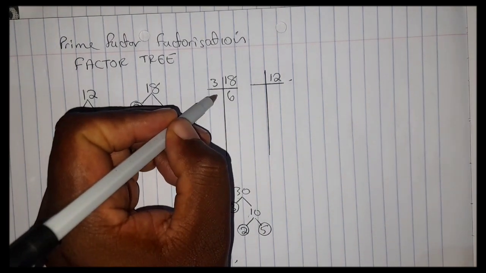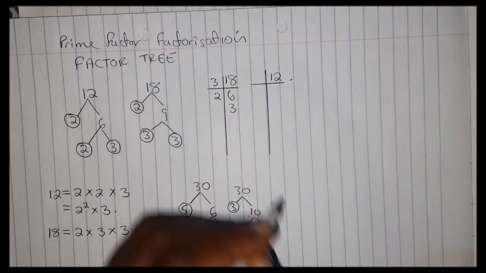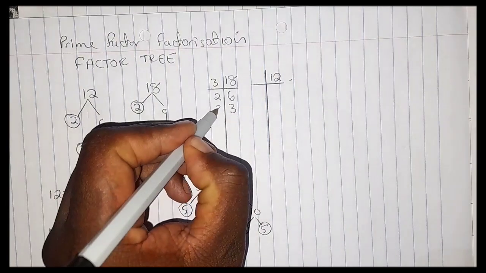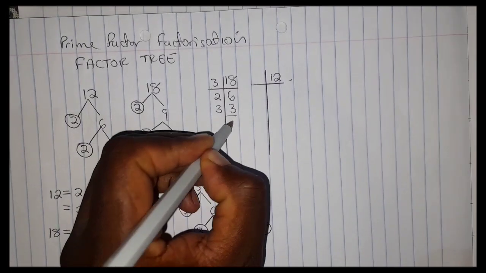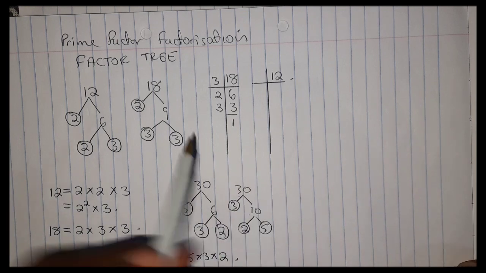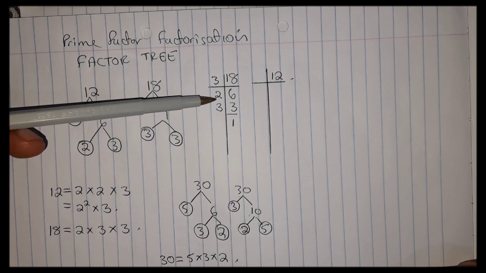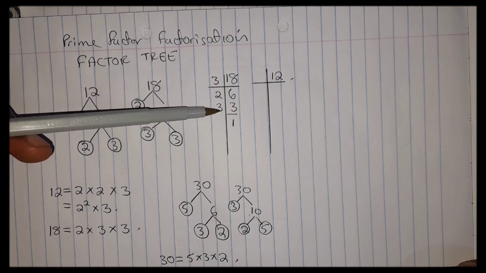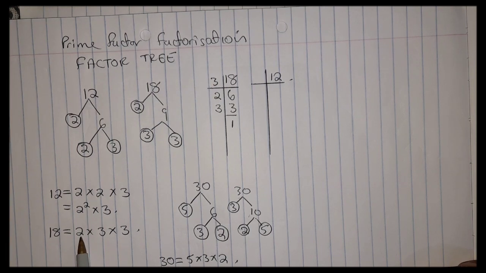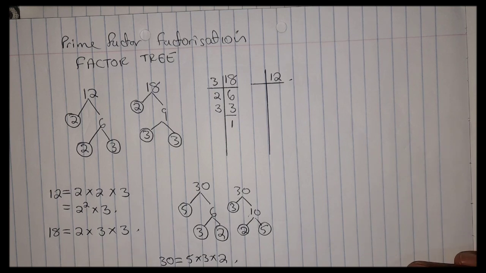And then we can take a 2. 2 can get into 6 how many times? 3 times. And then 3 can get into 3 once. Once we get to 1, then we know we are done. So 18 can be written as 3 times 2 times 3, which should be written starting from the smallest as 2 times 3 times 3.